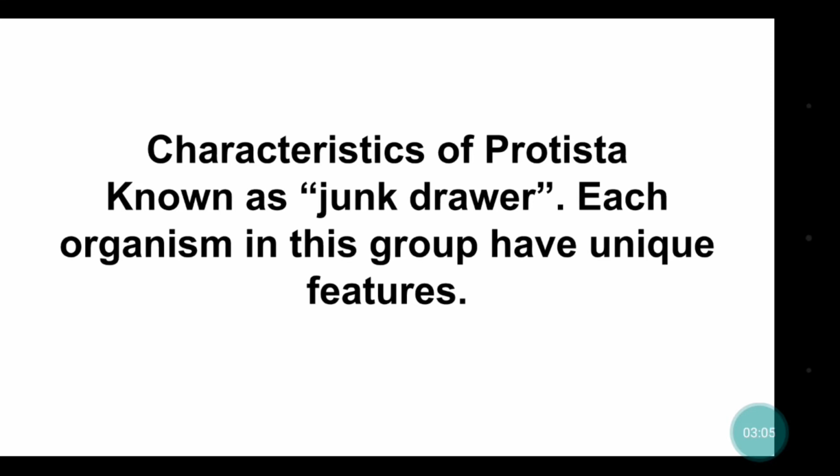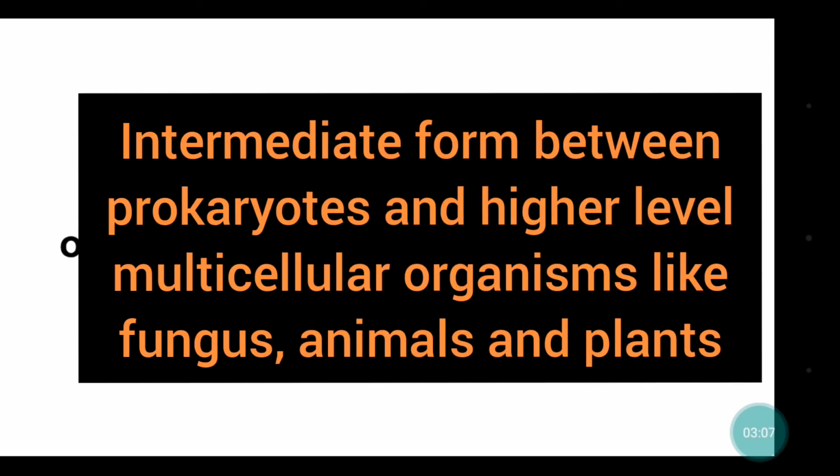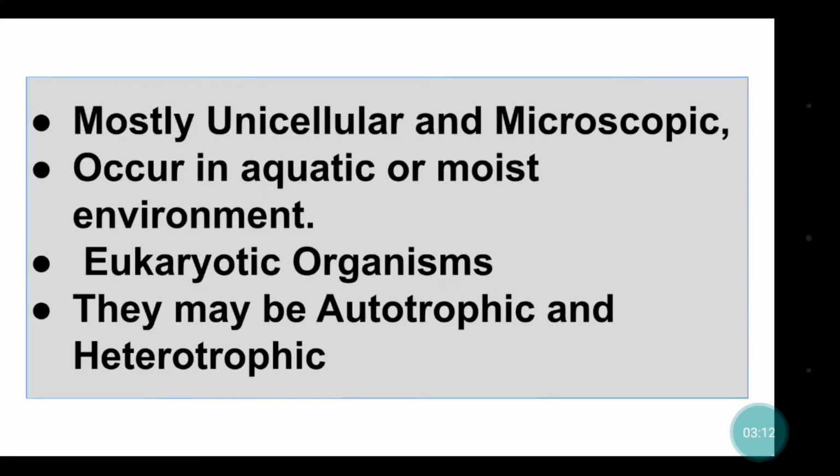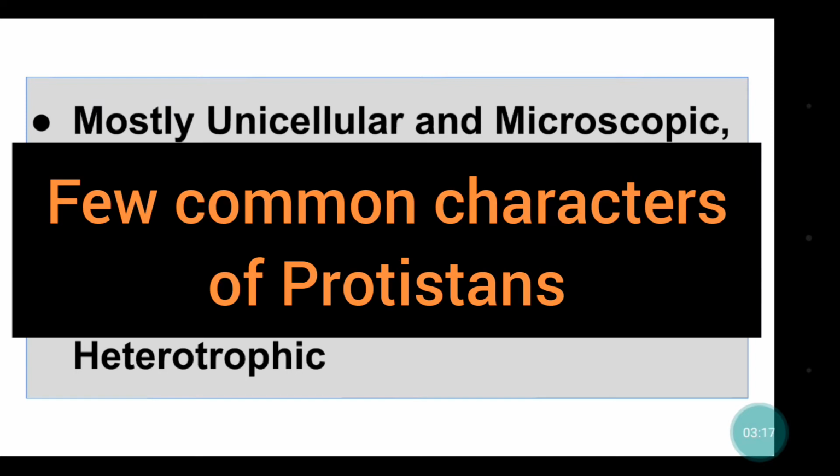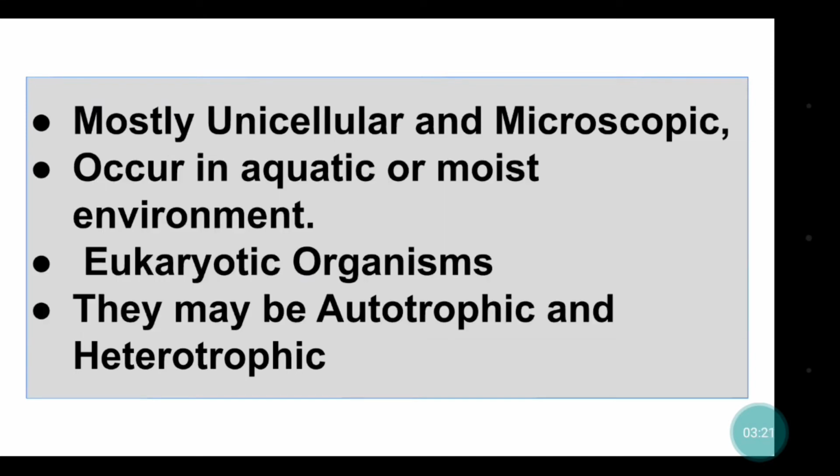So they evolved from prokaryotes to eukaryotes, right? So common features you can say, that mostly these organisms are unicellular and microscopic. They live in aquatic environment or moist environment. They can also exist in moist soil or moist surfaces, right?